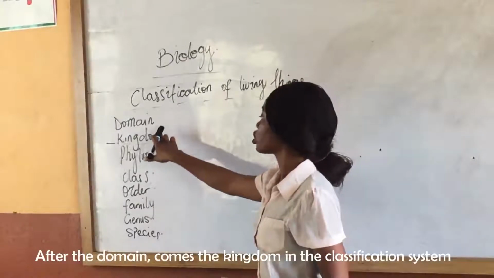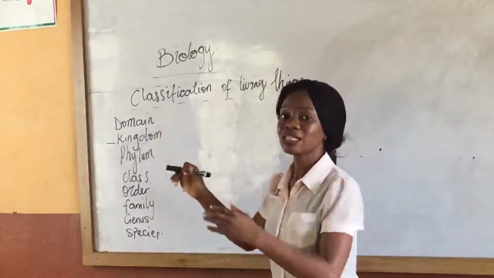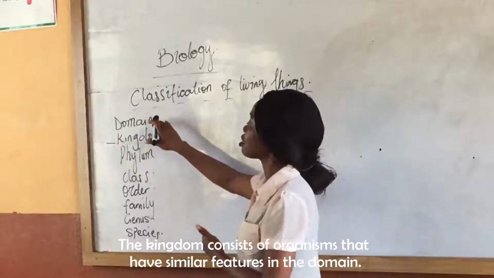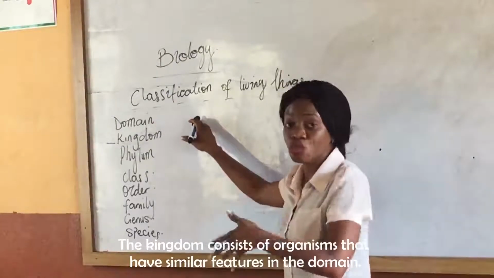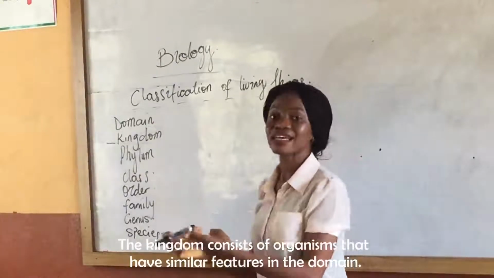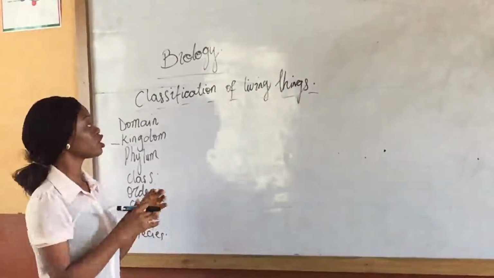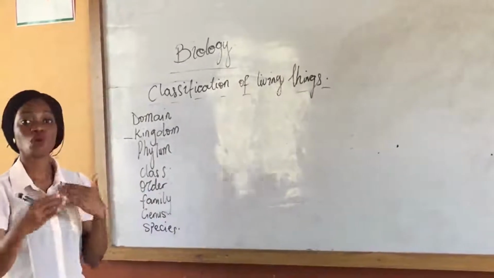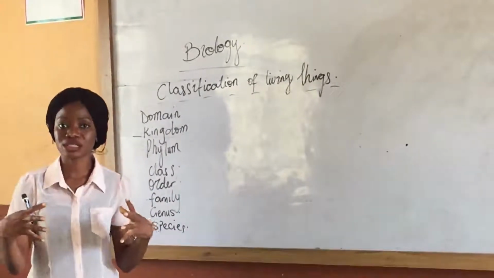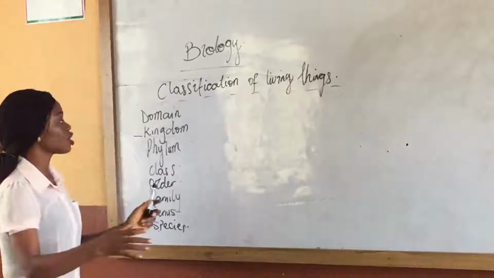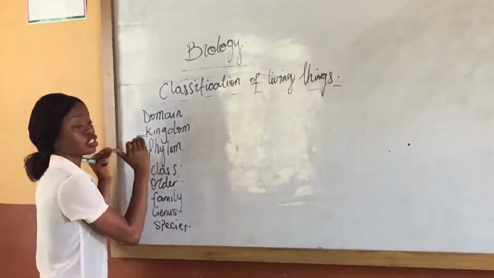Then we move down towards the kingdom. After studying a series of organisms in the domain, we select those that are a little bit similar, that have more features that connect them together. Then we group them into the kingdom.